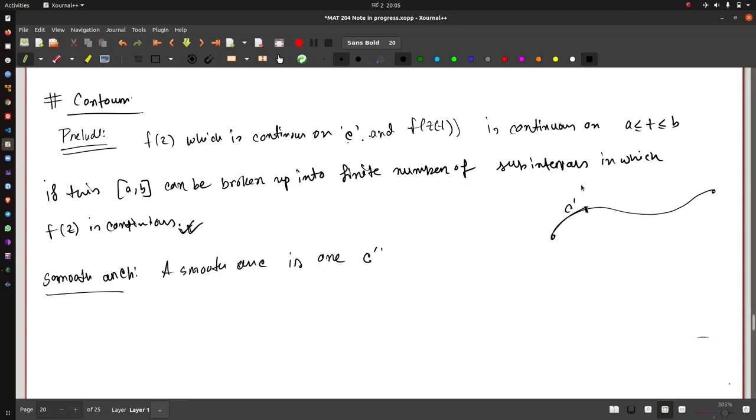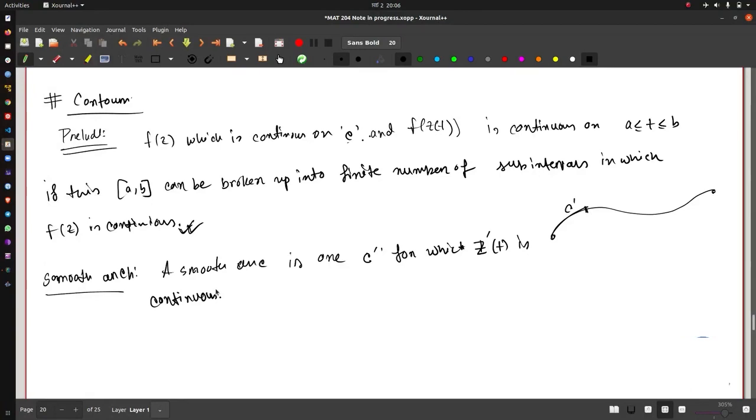It's a small segment. It is one C prime for which the derivative of z with respect to t is continuous. So there are two things at play. One is the continuity of f of z, and then the continuity of z itself.